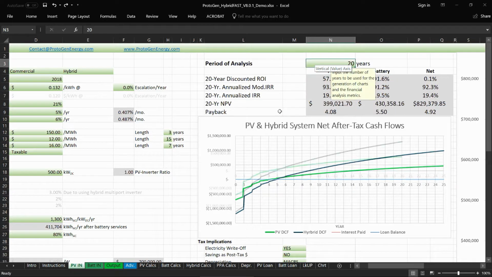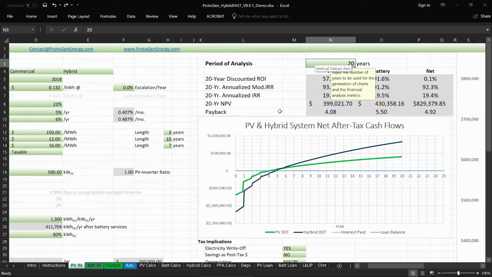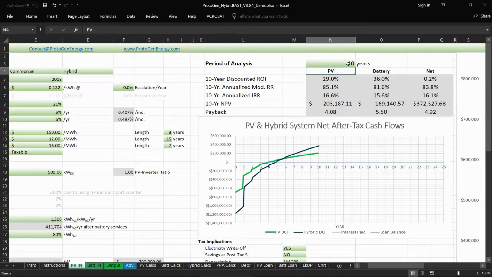Let's Control Z back to 20 years, and then maybe we're only interested in 10 years. And you'll see as we change this value here for the period of analysis, your ROI and your internal rates of return and net present values also change for this time period.